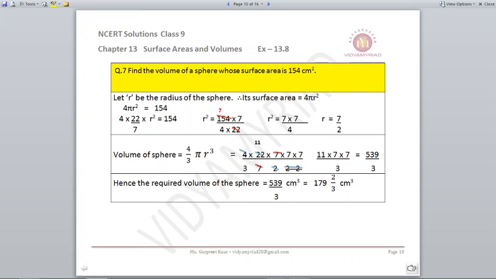Now volume of sphere is 4 upon 3 pi r cube. So here we will take radius as 7 upon 2. On solving this, we get answer 539 upon 3. So we can write required volume of the sphere is 539 upon 3 centimeters cube, or 179 2 by 3 centimeters cube.